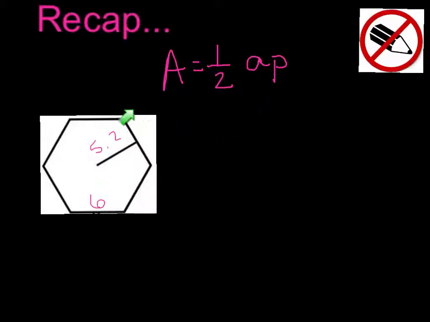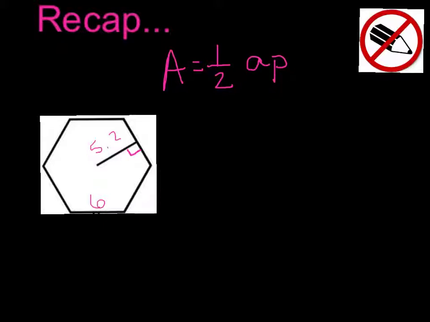In my picture, the apothem is the radius type of the regular polygon. It starts from the center and goes to the side, and it has to be perpendicular to that side. It's also the midpoint, so it does split that side in half. We don't need to know that information just yet.